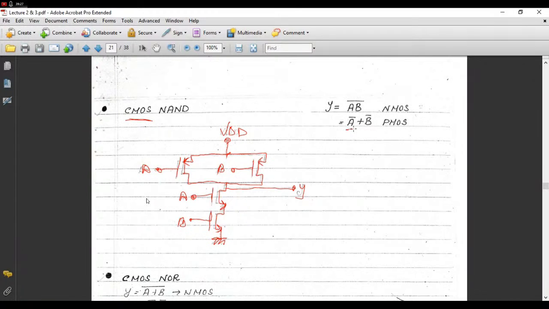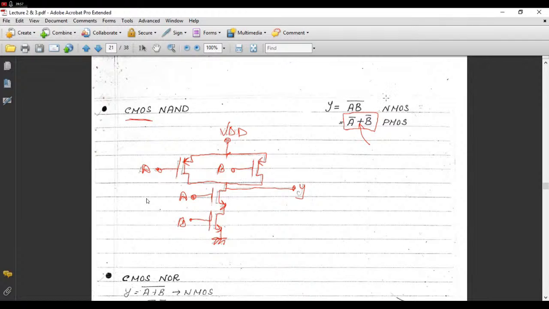Since PMOS should be on top, this PMOS has got a plus over here, right? Plus means parallel. That means the two PMOSes will be connected in parallel to each other, first after VDD. And after you have constructed this PMOS, you will be going directly towards the output.